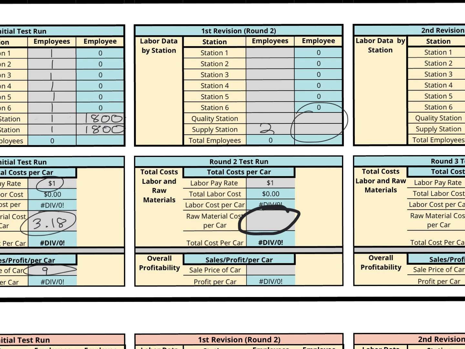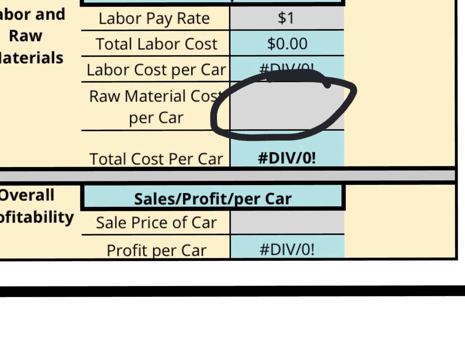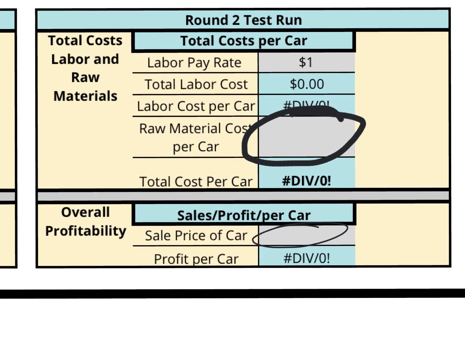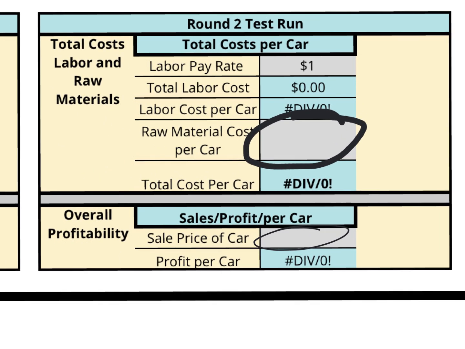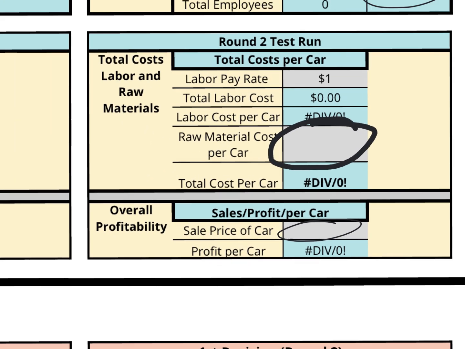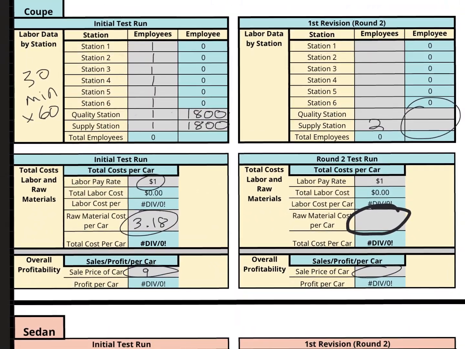And please make sure if you decide even to change the sales part, keep in mind that our industry experts, our marketing team, determined how much people are going to pay. But I understand that everything's getting expensive. So maybe you decide to change that sale price too. Those are in gray, so you can change them if you want. But you could just use the sale price that's given to you at any time.